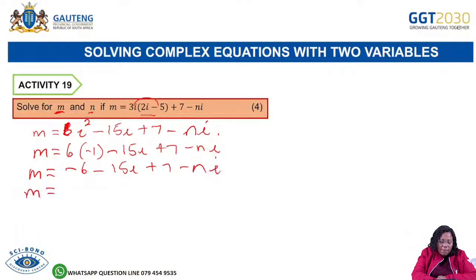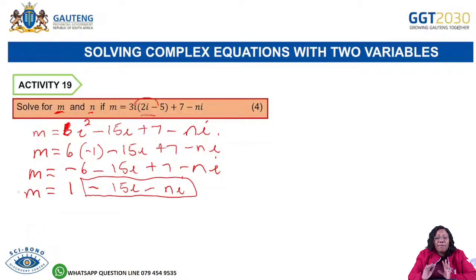And then now we are having minus 6 plus 7, which is 1, minus 15i minus ni. So now if you concentrate on this one and try to find, do we have anything? These are the values that are having an i. On the left hand side, we don't have anything with an i. So now it is making m equal to 1 being the solution for m.